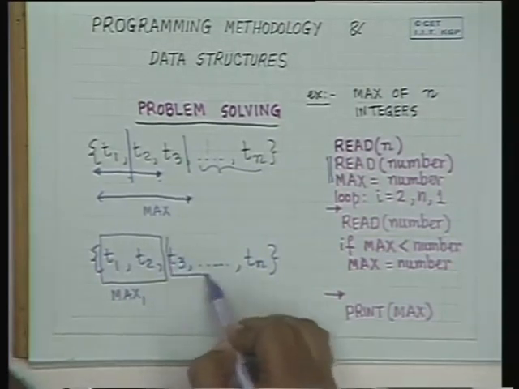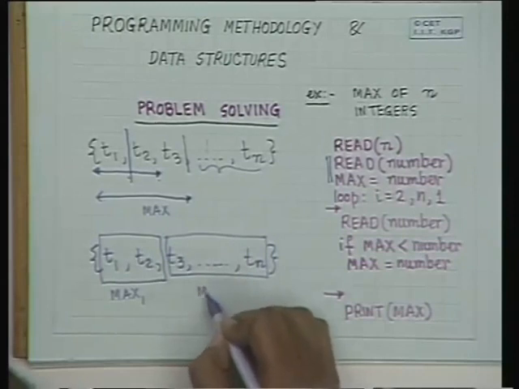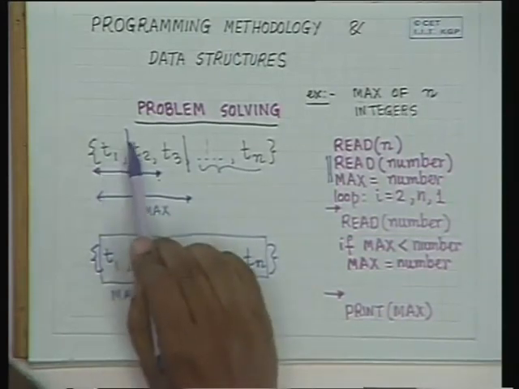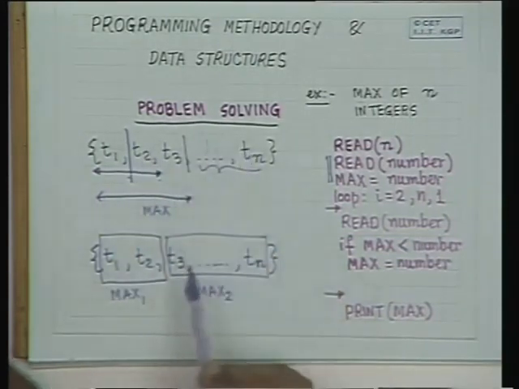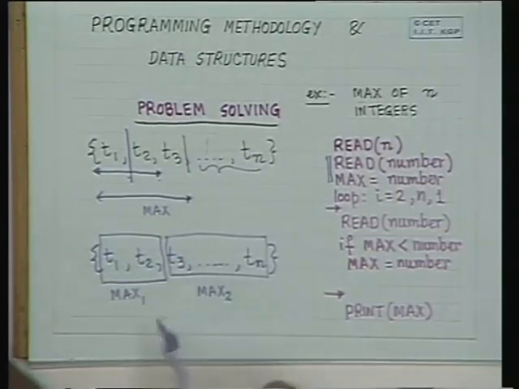I could have solved this part independently and obtained a value called max2. And the solution to the whole problem would be the larger of the two. So rather than decompose it step by step like this, we could have decomposed it in any other way, and we would have yet got the solution to the problem.